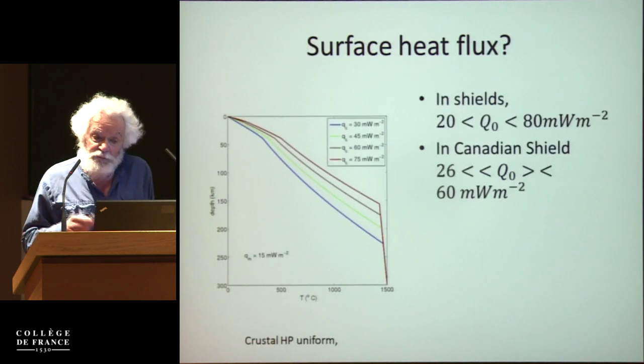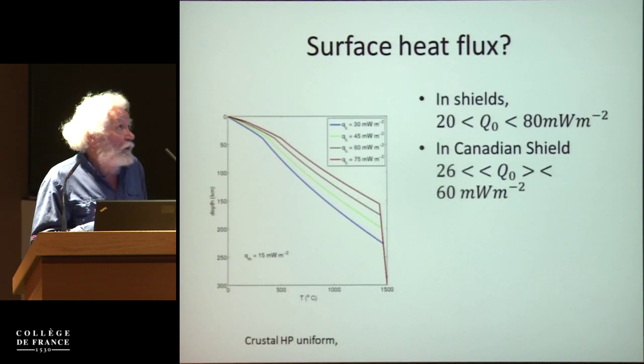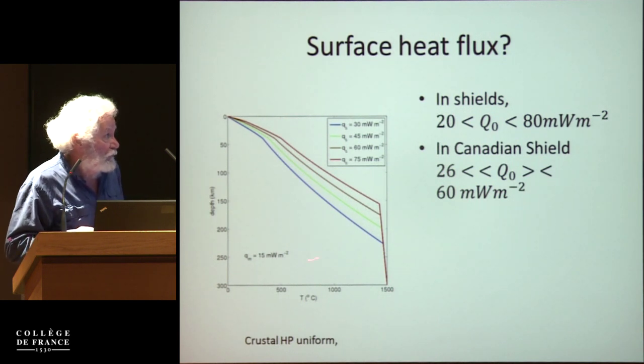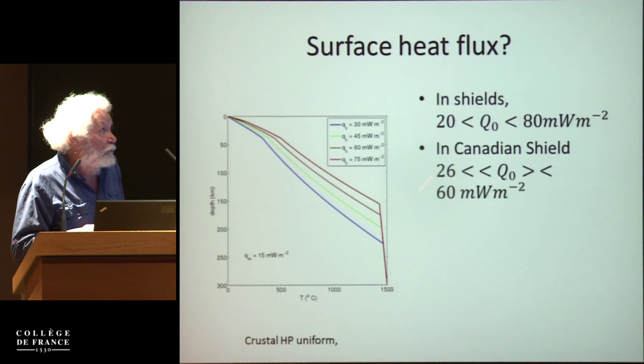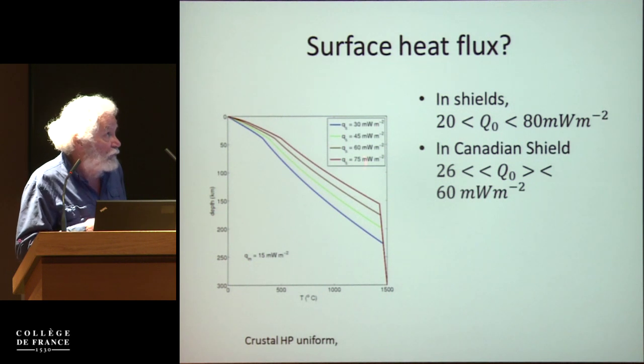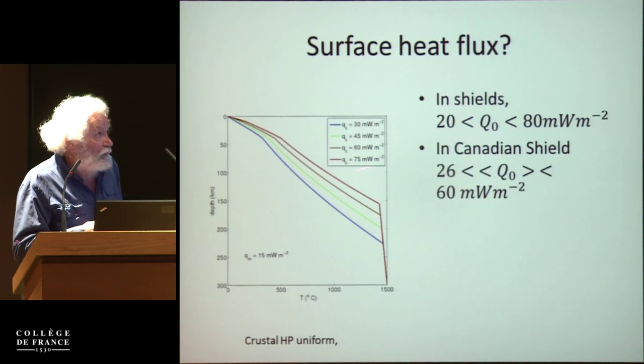How do they affect the temperature profiles? Here we have calculated different temperature profiles, keeping the mantle heat flux constant and varying surface heat flux between 30 and 75 milliwatts per square meter. That's fairly high for a shield area.